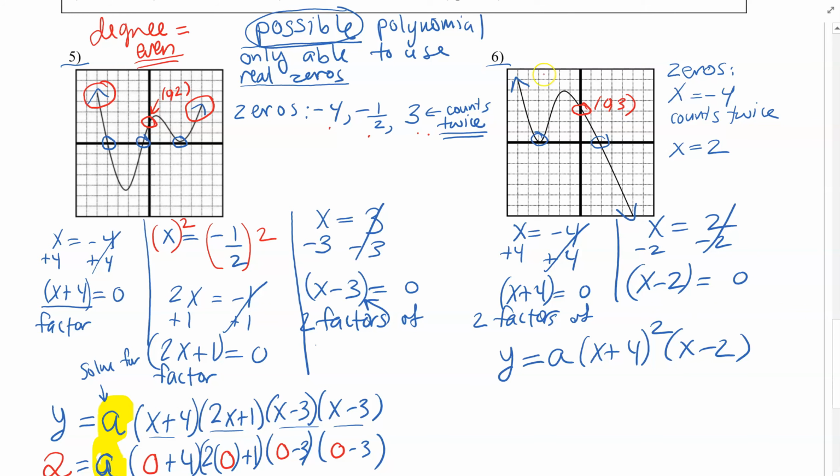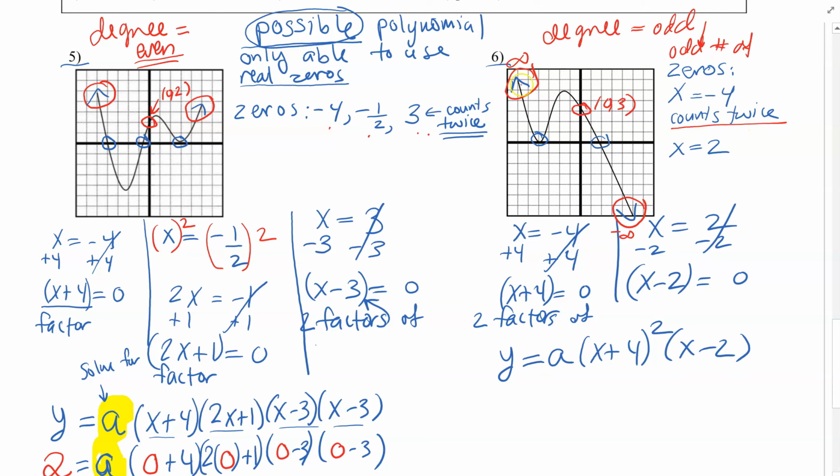A couple quick comments before we do this. One other thing to notice is that these ends are pointing in opposite directions, right? On the left side it's going up, on the right side it's going down. So I know that my degree should be odd, another indicator that technically I should have an odd number of zeros. That could help remind me that one of them needs to count twice.